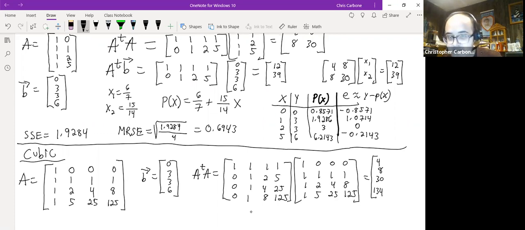Second column is going to be 8, 30, 134, and 642. Third column is 30, 134, 642, and 3,158.